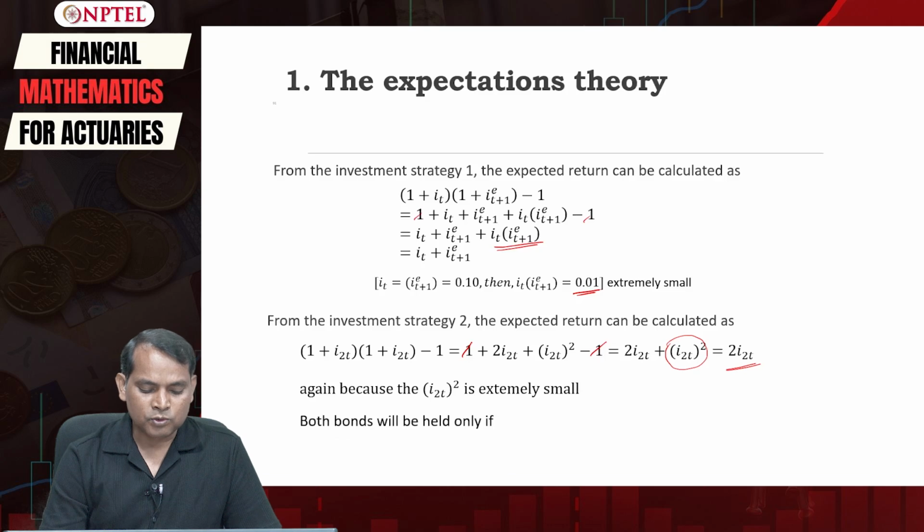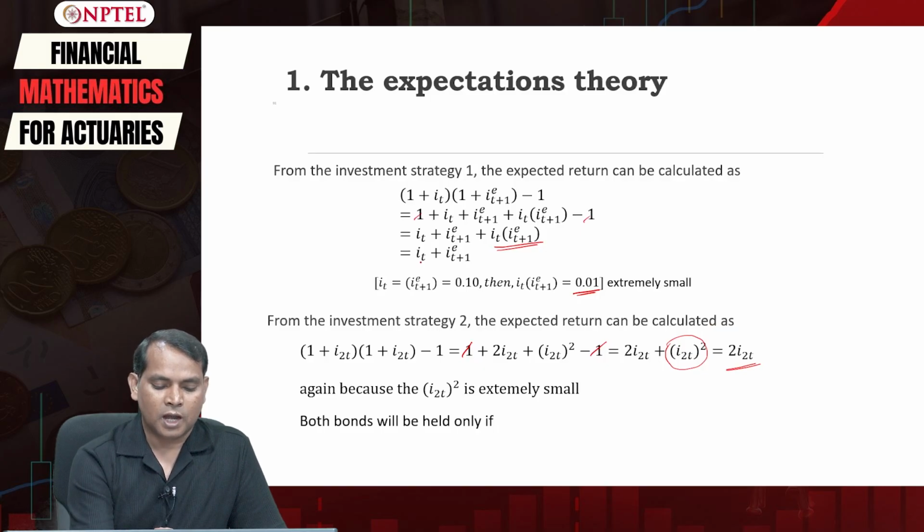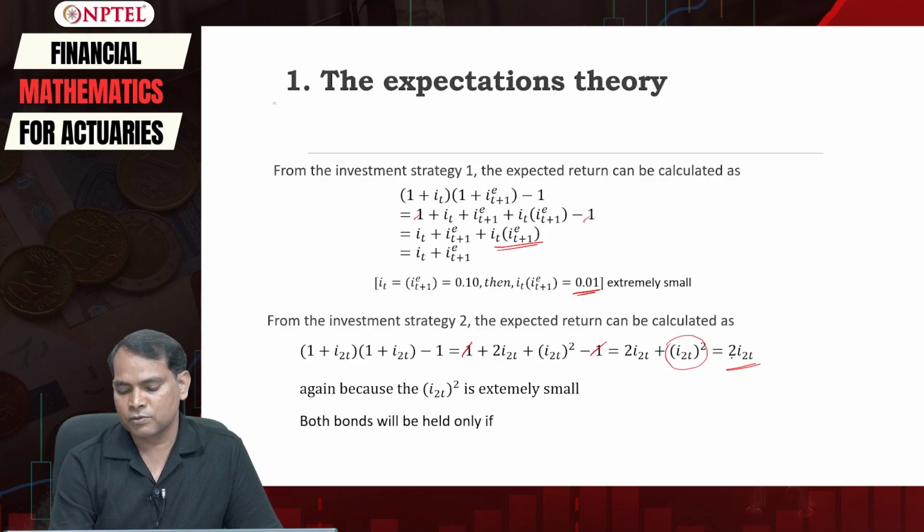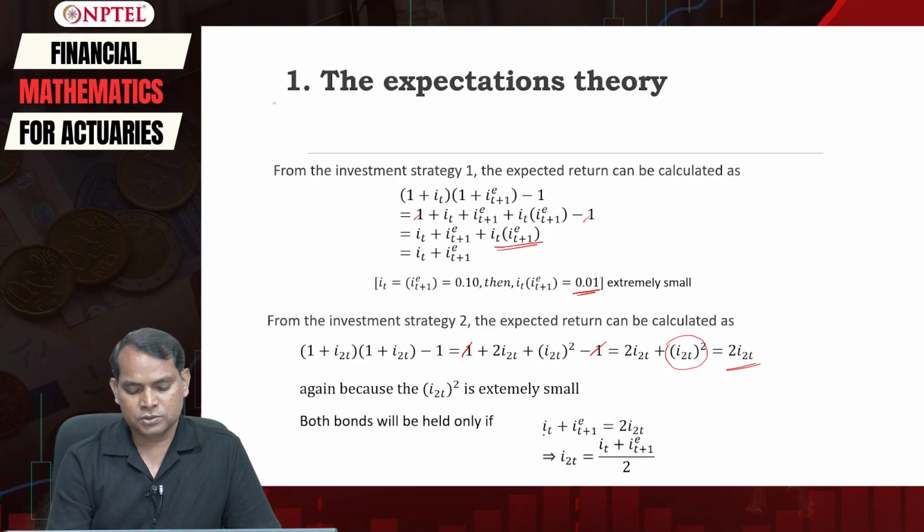Now both bonds will be held only if the expected return from strategy 1 and the expected return from strategy 2 are equal. Therefore i_t plus i_{t+1}^e must be equal to 2 i_2t.